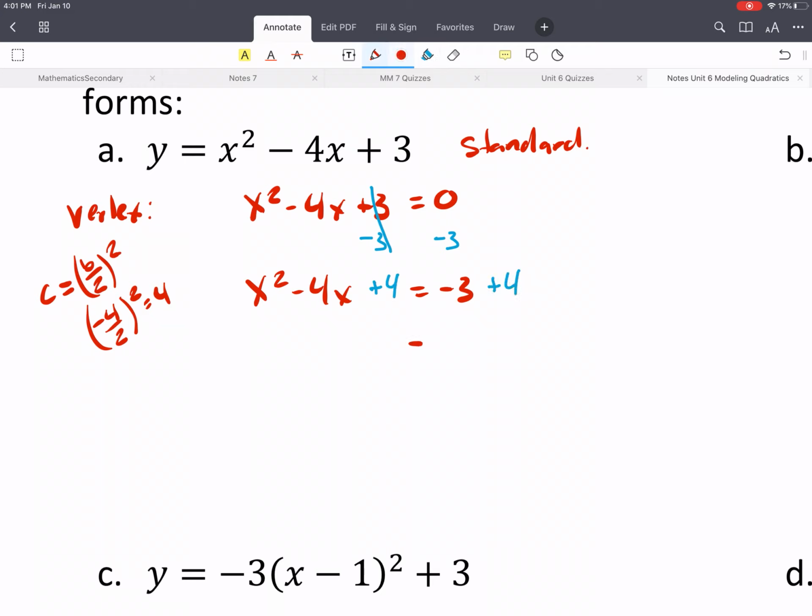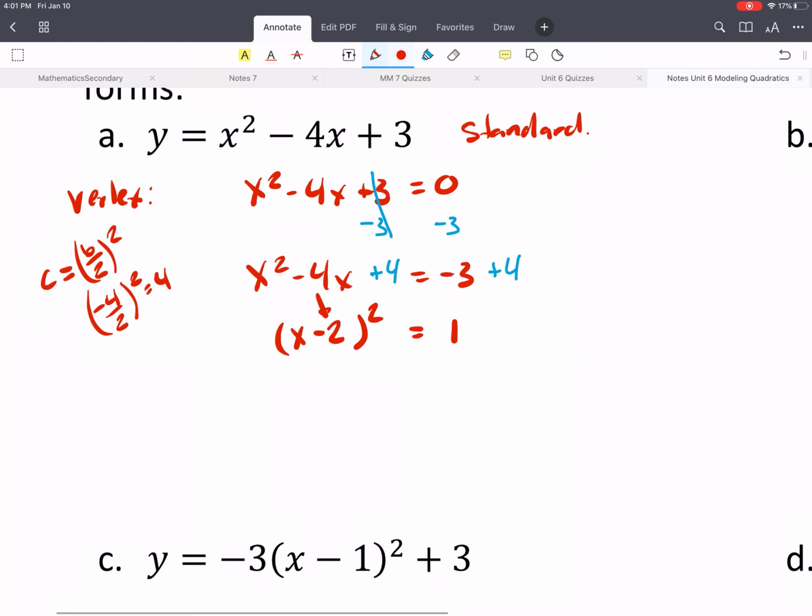Okay. The right side is fairly easy. That's just 1. The left side, in the past we've always talked about how we can write it as a binomial squared. What's inside here is always x, or whatever variable we're using, and it will be half of what b is.